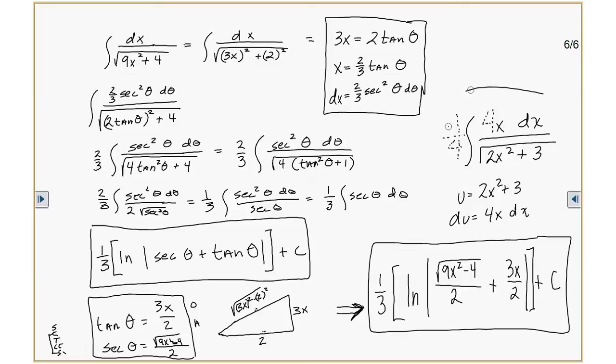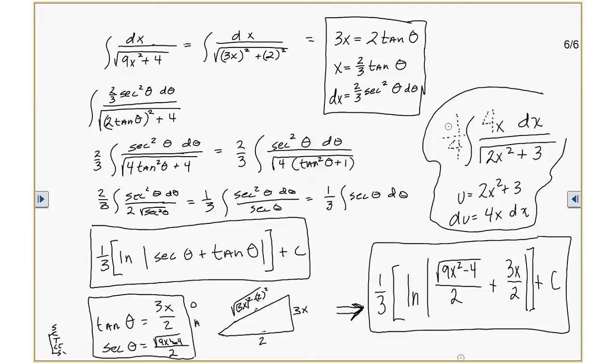So this one is one that a lot of teachers put on tests, and people think it is trig substitution, but it's not. It's just regular substitution.